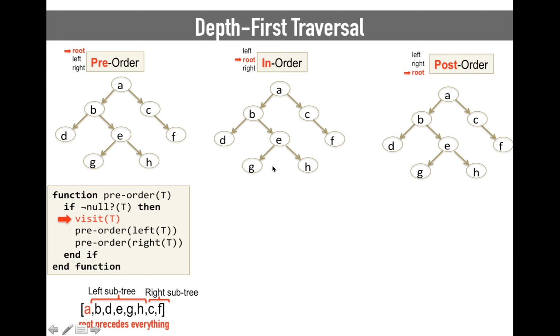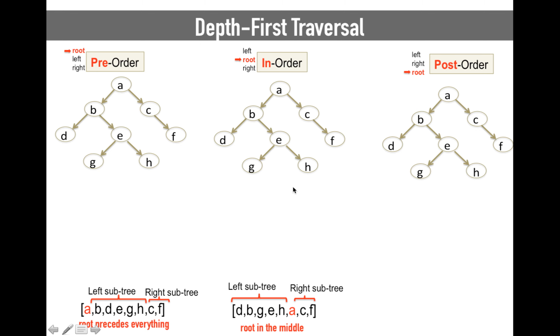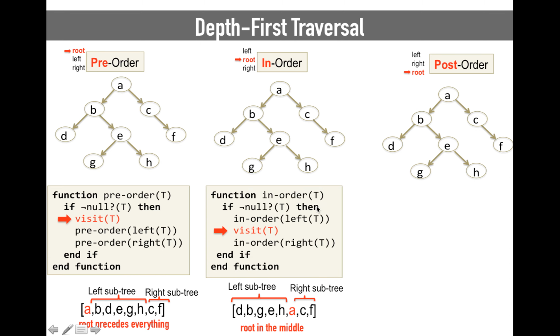Let's check in-order. If you see here, it is the other way. The root is in the middle, so you see the root is sitting in the middle of the nodes, and to the left of the root you can see all the nodes of the left subtree, and to the right of the root all the nodes of the right subtree, and the order here follows the same rule.